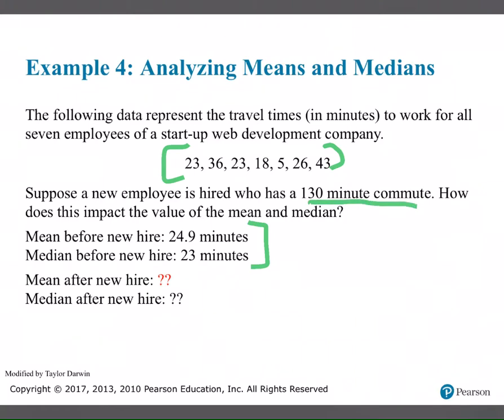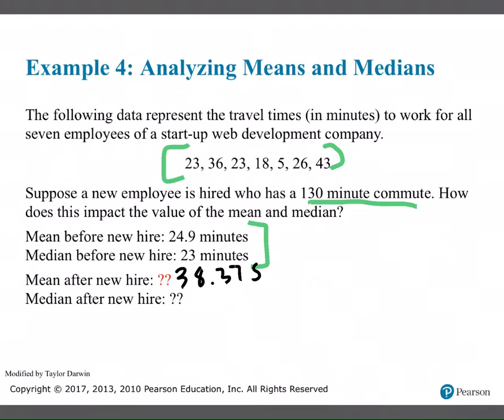Now what is the mean and median? If I add that 130-minute commute in there and divide now by 8, my mu is going to be 38.375. It made that average go way up, right, from 24 to 38.